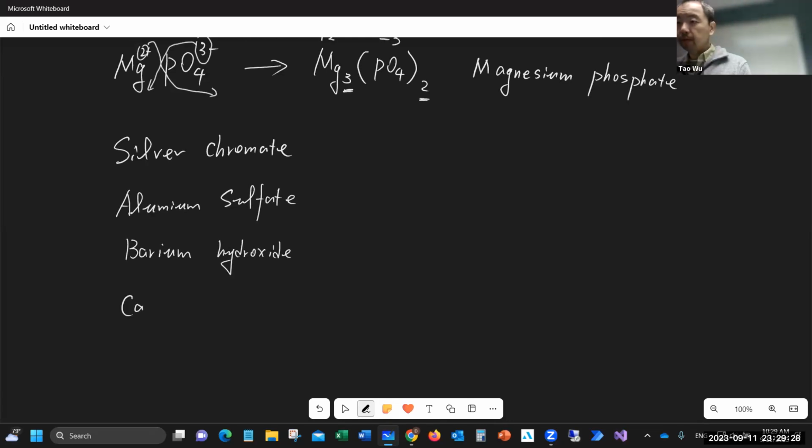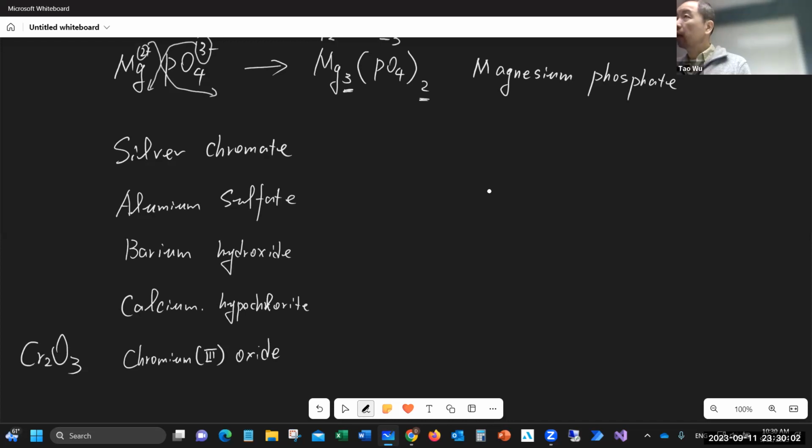Then calcium hypochlorite. Then it's chromium 3 oxide. I know a lot of people make this confusion. They say, I need to specify the name of this chromium, oh, there's a 2 shown there, so I gave the name as chromium 2 oxide.